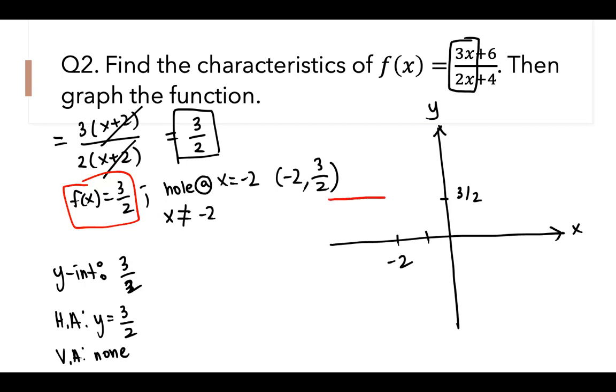But keep in mind there is a hole at -2, and it's going to go forever like this. Okay, so that is my final graph of the given function. At first, it may look really complicated, but you can simplify further by factoring and canceling it out.